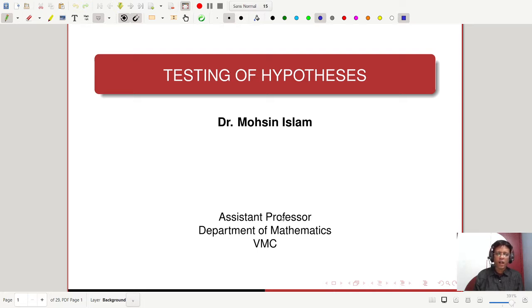A statistical hypothesis test is a method of making statistical decisions using experimental data. Actually, you have some experimental data and you have to conclude something, statistical decision making.